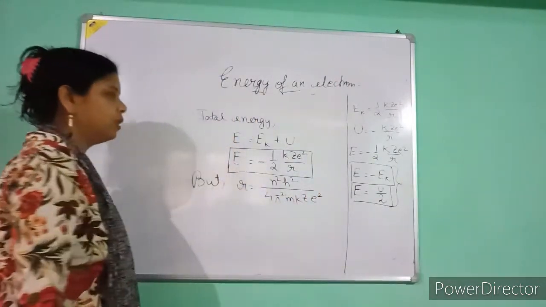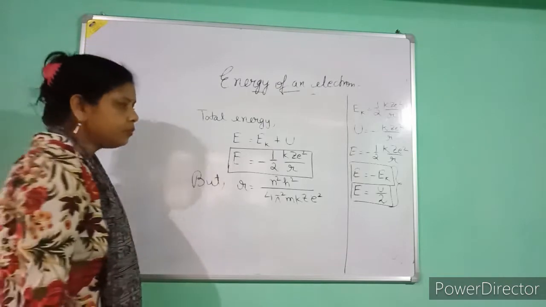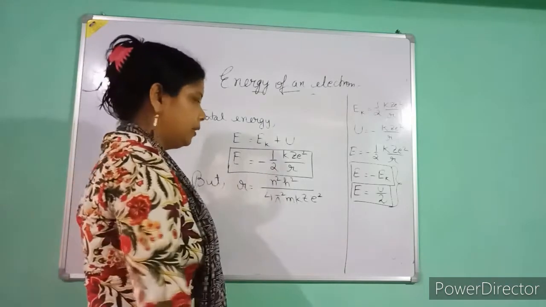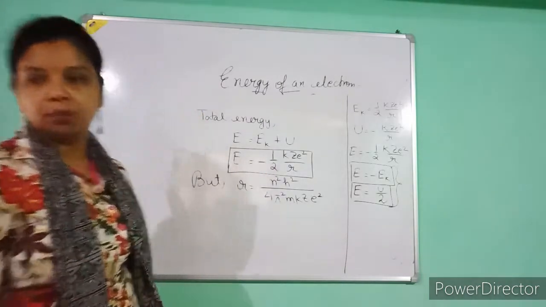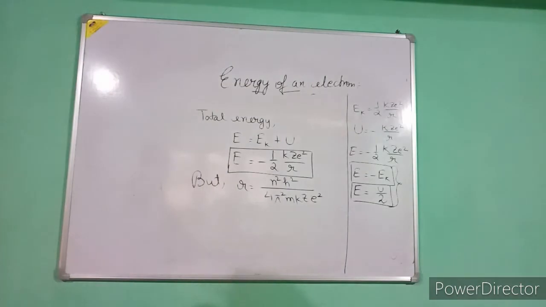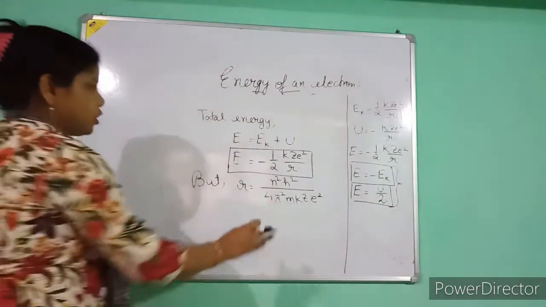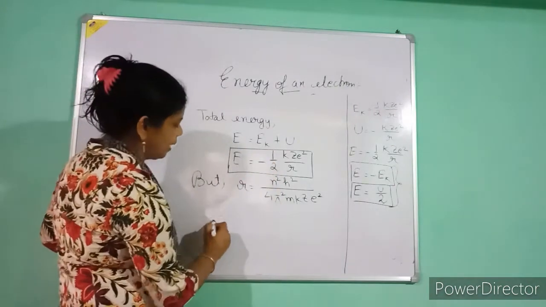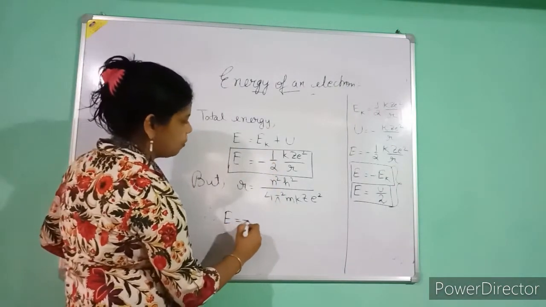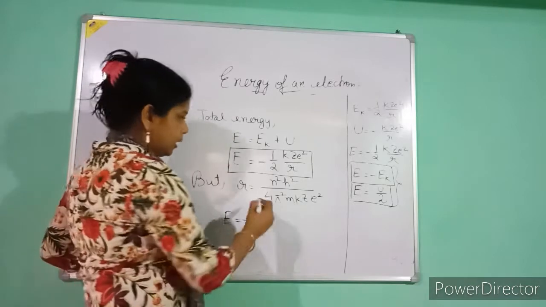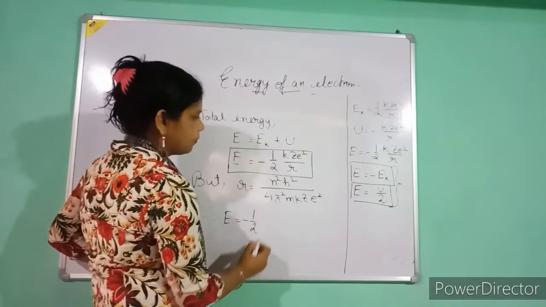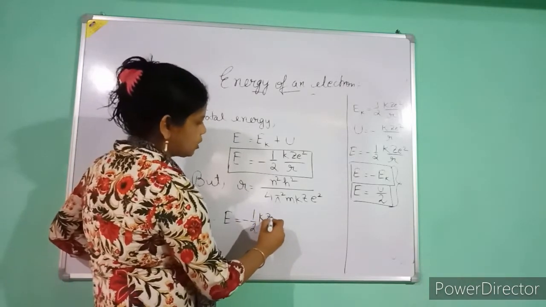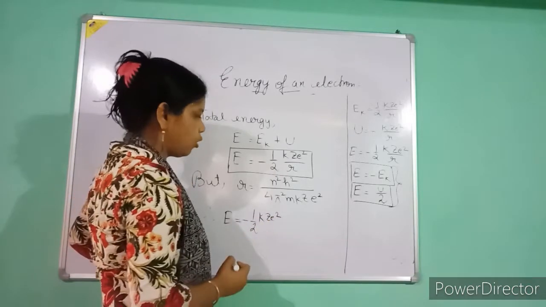So this is my formula for R. If I substitute this value here, what will be my total energy? E will be equal to minus, then half will remain the same, k Z e square by R, and I will take Z square common.